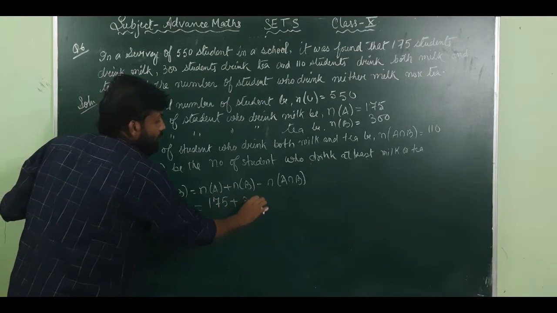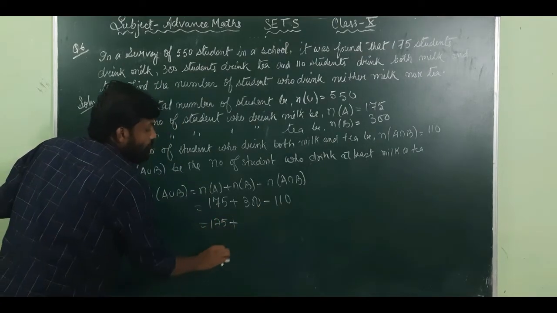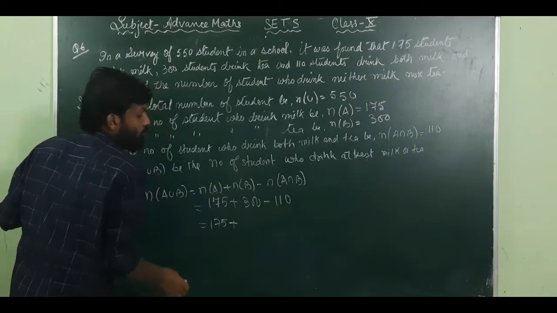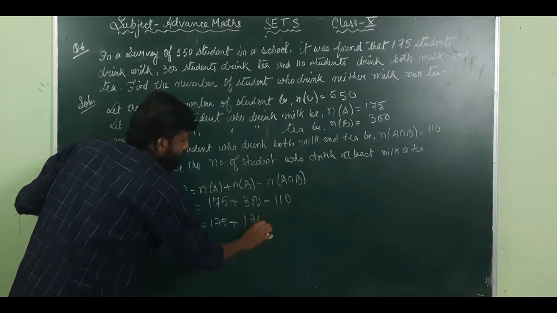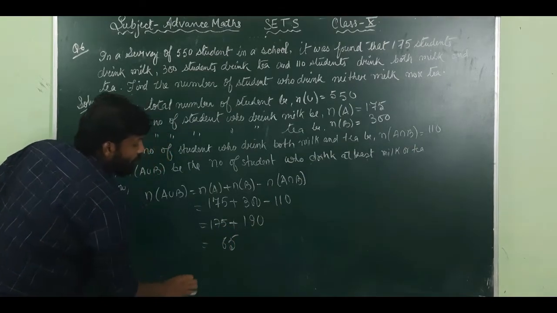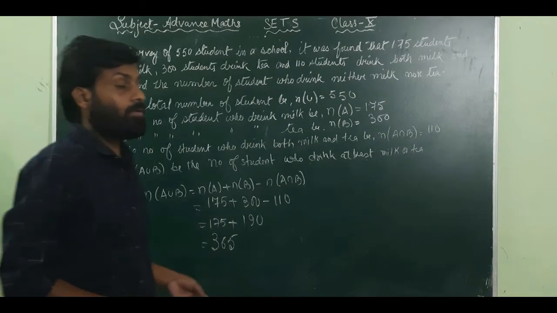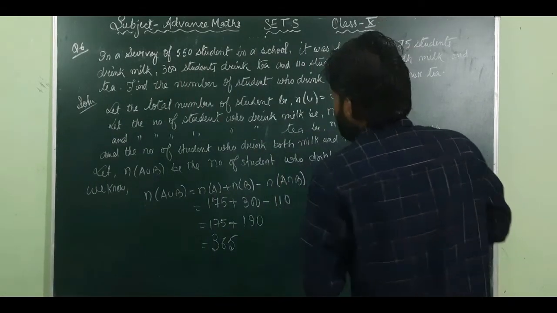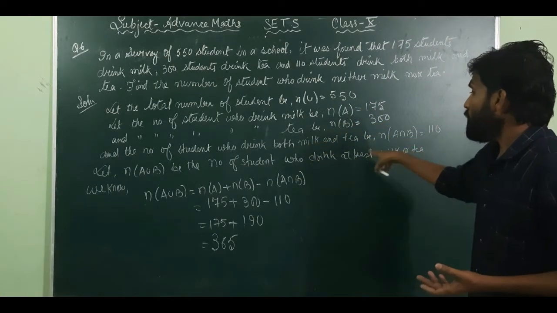N of B, how much is given? 300, and this is 110. 175 plus 300 minus 110 is going to give you how much? 365. So these 365 are those students who are going to drink at least one of them.